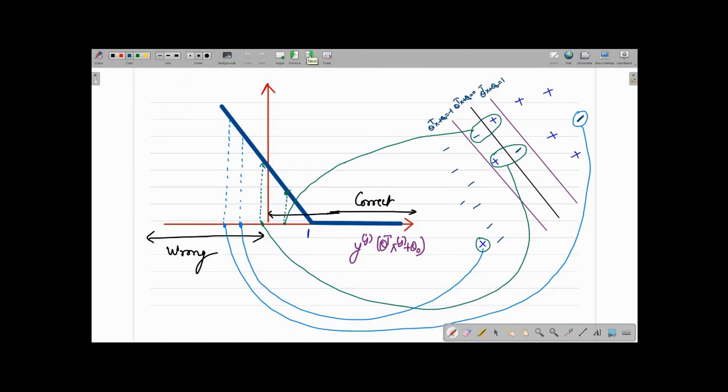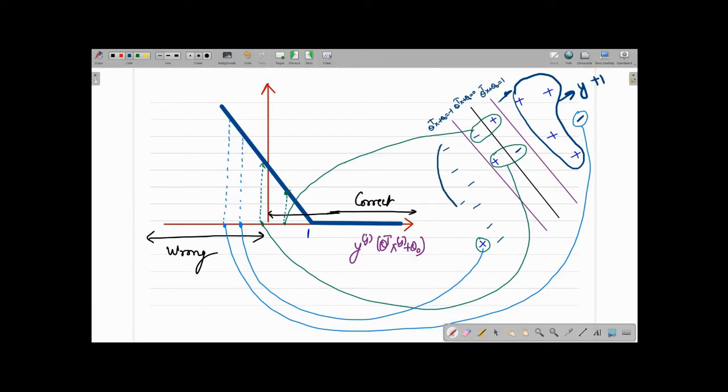So here if you see all the data points which are here, this one, you can see the labels of this are all +1 as well as they are greater than this, right? It will be giving you a value greater than 1. So multiplying both of them will be positive.